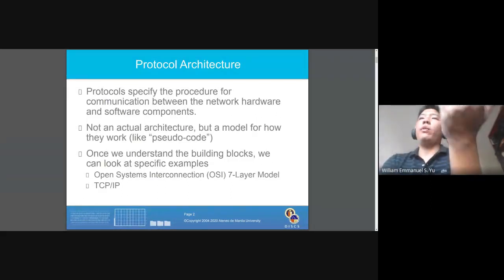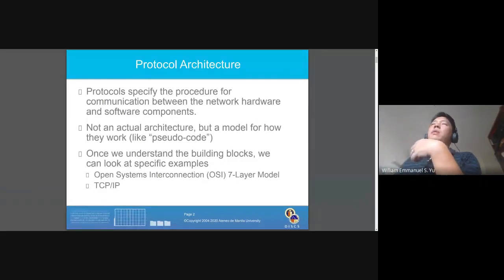When you and I talk, we have to agree on speaking English or speaking Filipino. We cannot be going into a class and not knowing what language is going to be used. The language that's being used is actually a protocol. This identifies a set of procedures in which all things in the network, including hardware and software, agree to talk. So this allows you to define a particular standard.